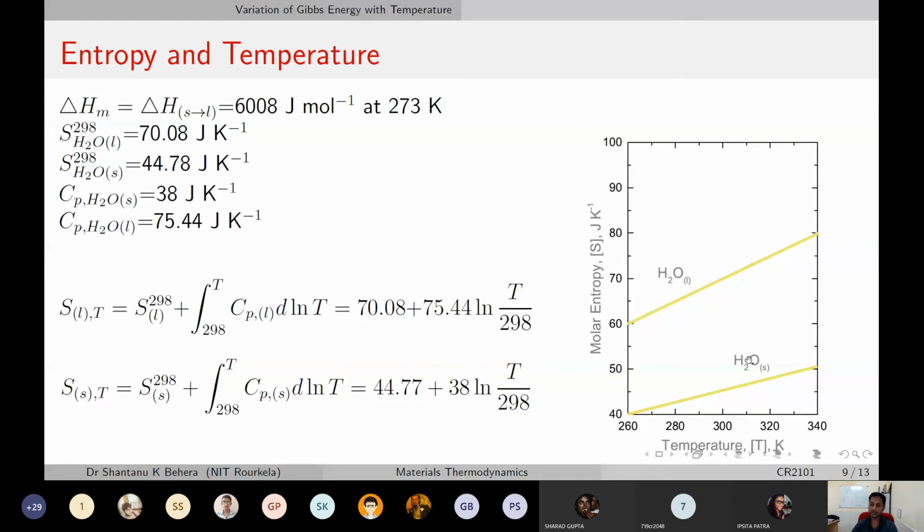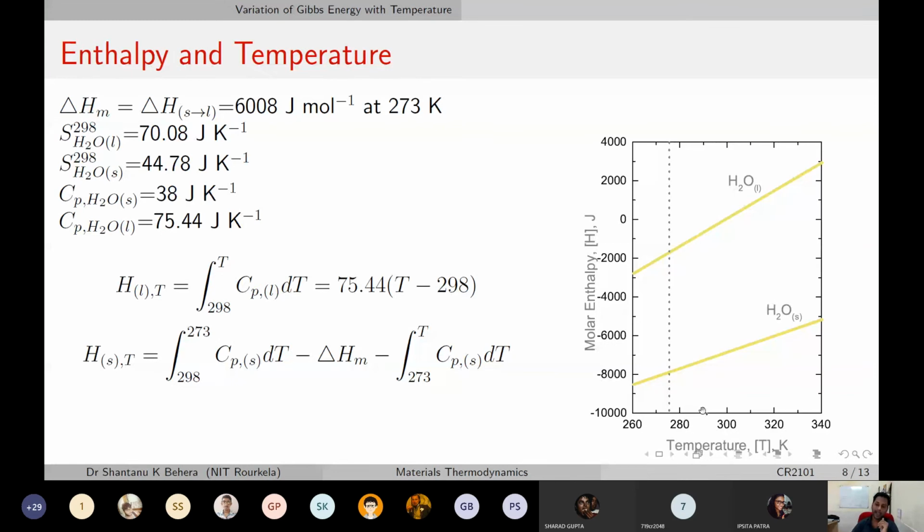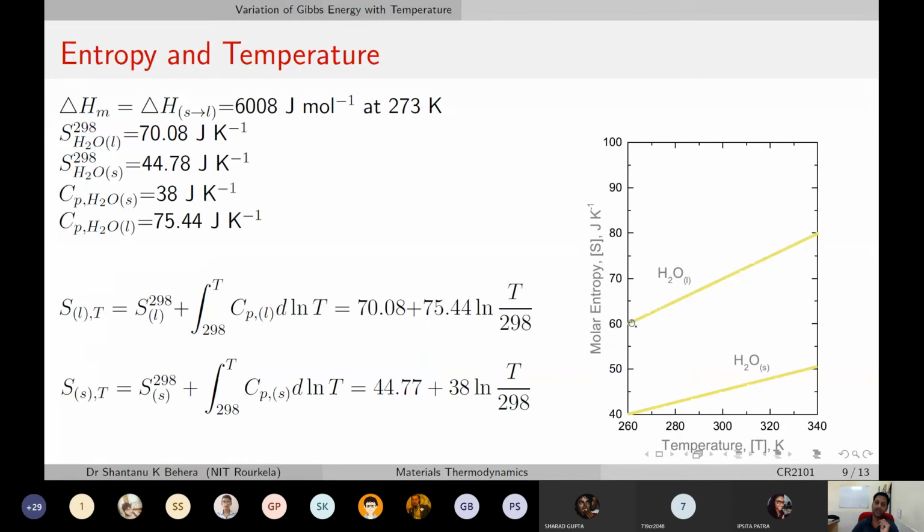So what we have here is the variation of enthalpy with temperature for these two phases, and the variation of entropy of these two phases across temperature, both at constant pressure.